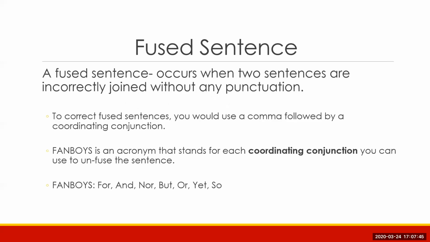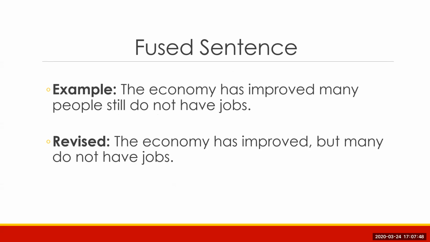If you use something like and, it wouldn't make as much sense: the economy has improved and many do not have jobs. It doesn't make quite as much sense as but, because it doesn't show the irony of the situation. Even though the economy is improving, many people still don't have jobs. So you do need to show that by using the appropriate FANBOYS or coordinating conjunction. So it does depend on the sentence which coordinating conjunction will work best for your purposes. But in this case, we used but.